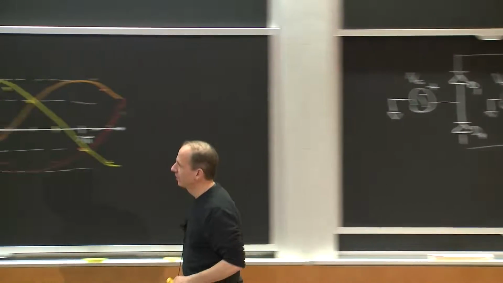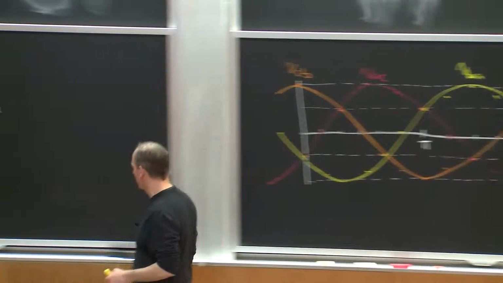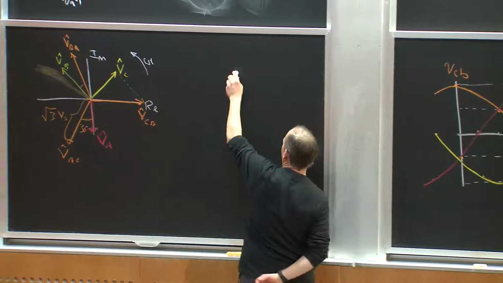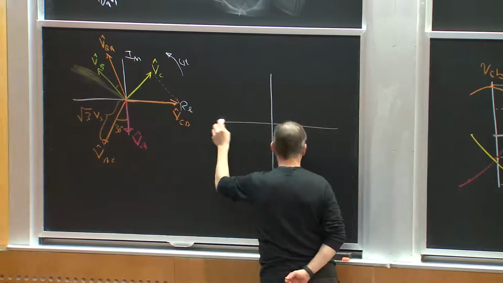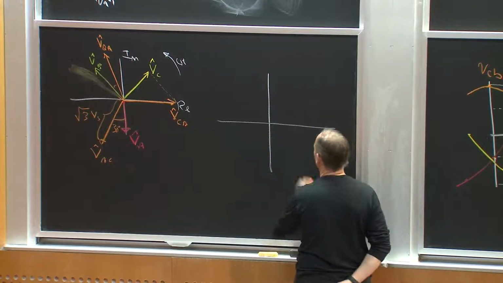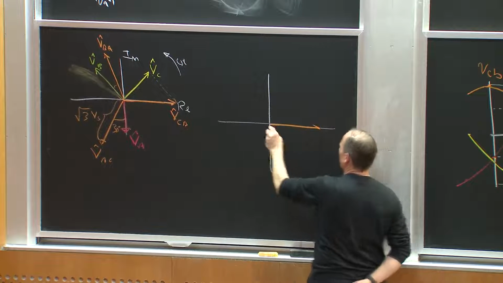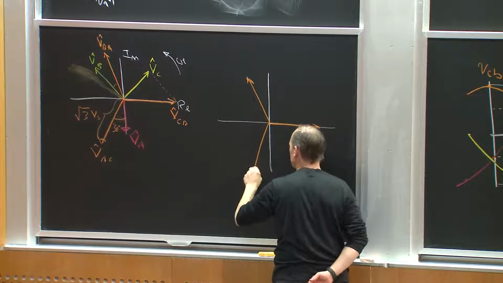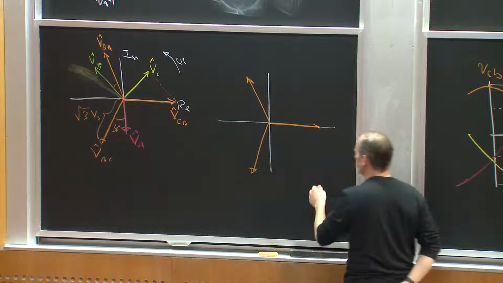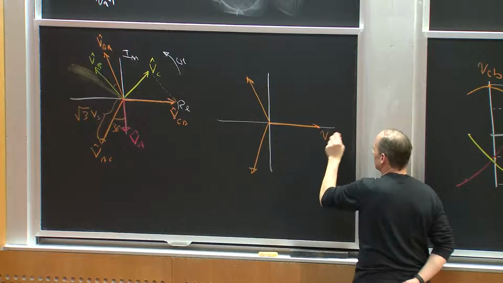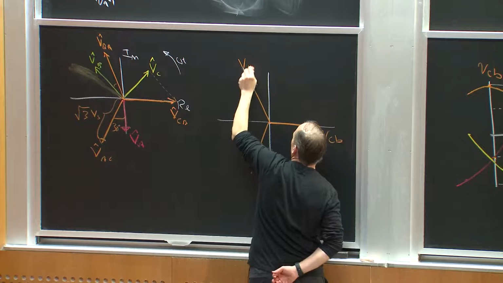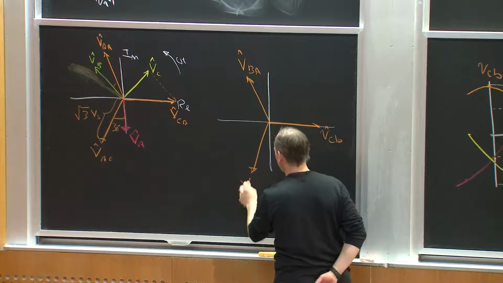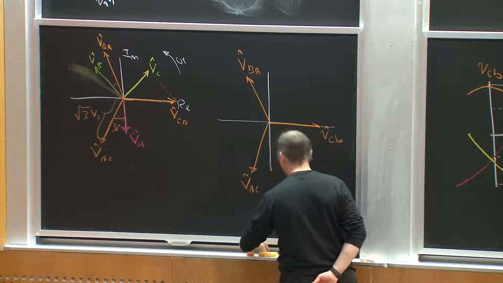So if you wanted to look at it as things rotating around, we had our line-to-line set that looked like this. Here's our line-to-line set. So this is VCB. This is VBA hat. And this is VAC hat. But I also have its negatives, right?